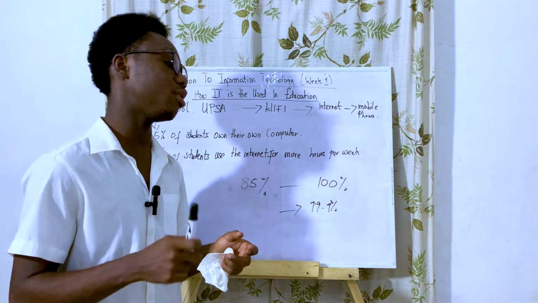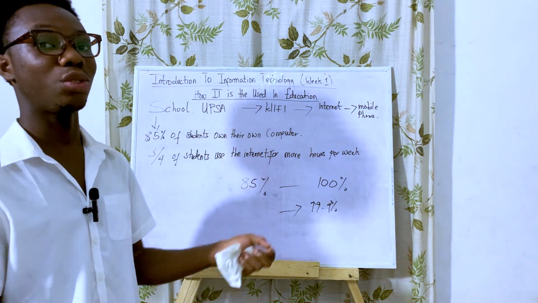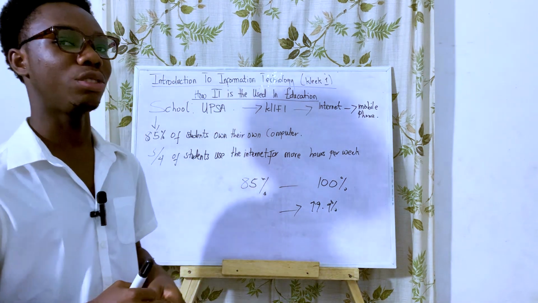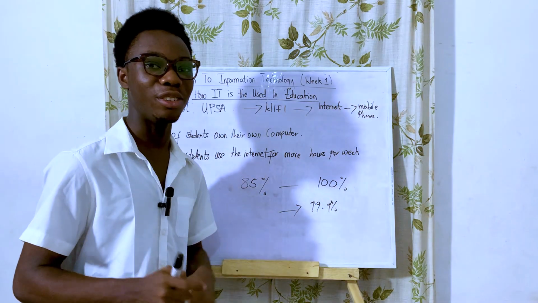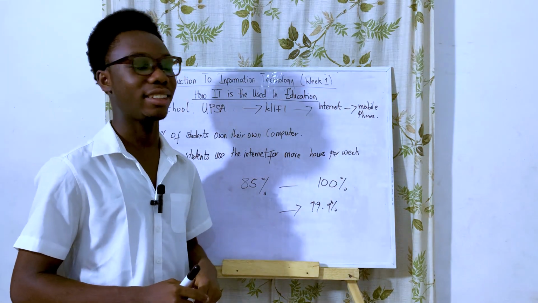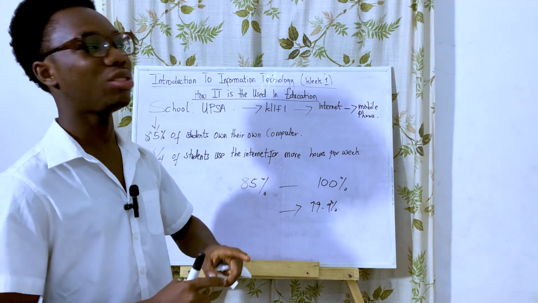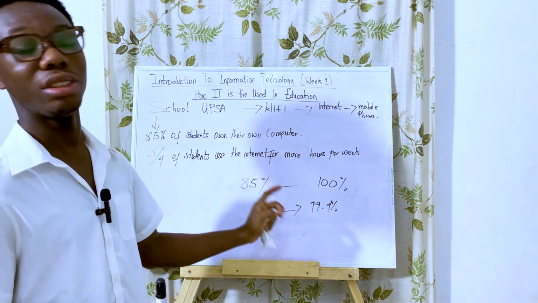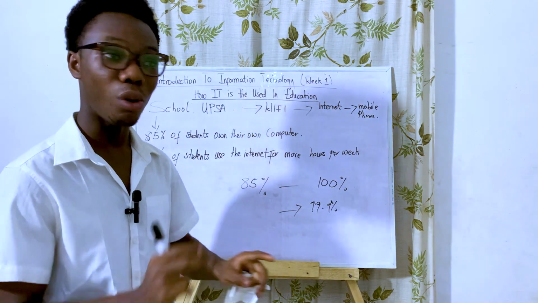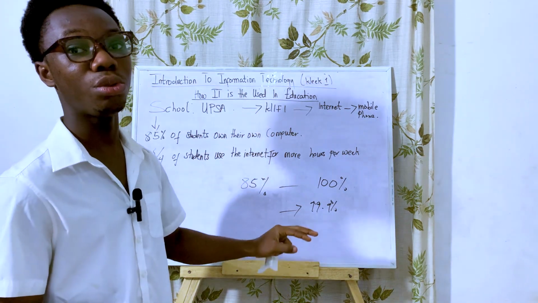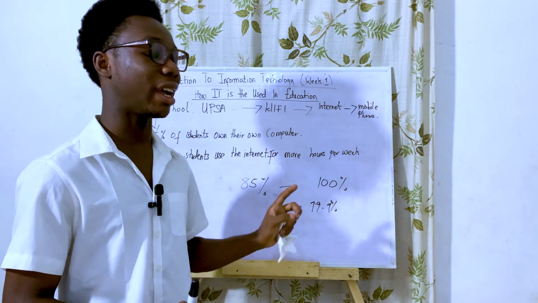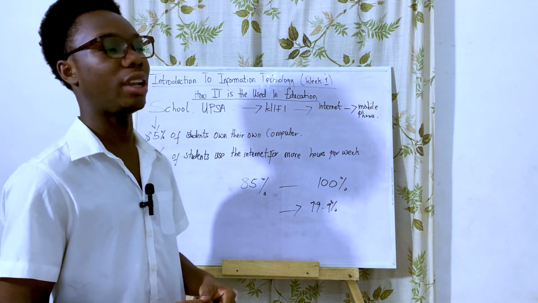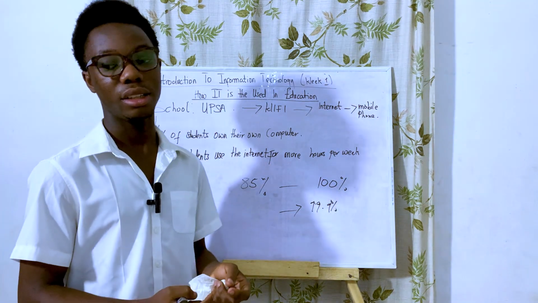You can even use AI to generate images and all. So no need to go to photo shoots, but you have to go to the photo studio and take your pictures. Don't rely on AI. So we use the internet in almost all of the things we do when it comes to education or academic work. So have you seen the use of information technology now? It has made things very easy.